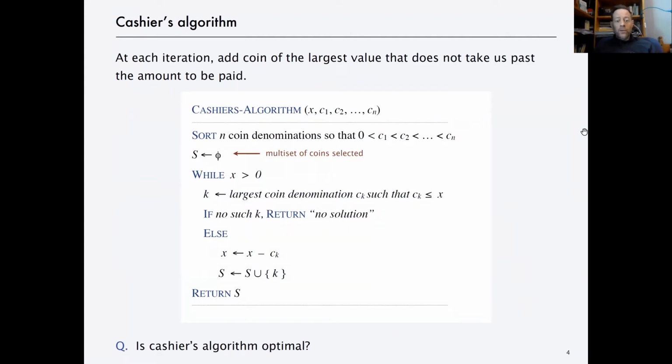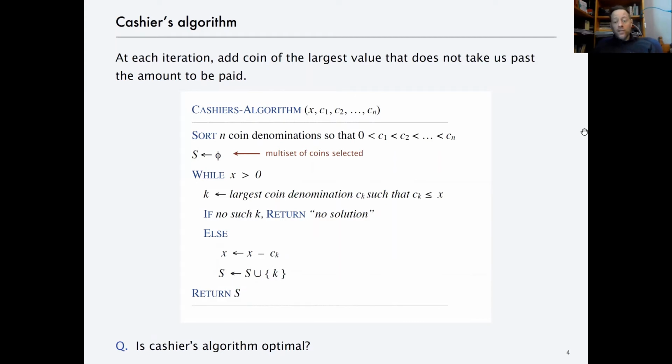Actually, what we do here is just sort the n coin denominations, and then start from the back, from the largest, and find the largest index k such that the value of that coin is less than or equal to the amount we should return.